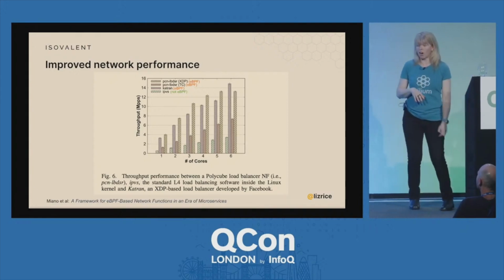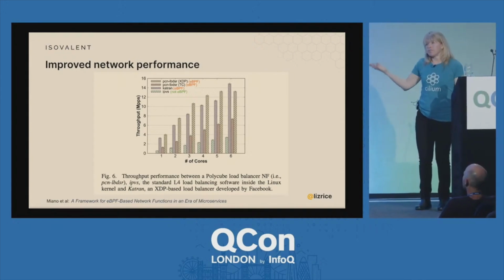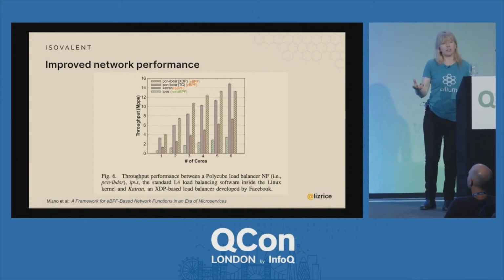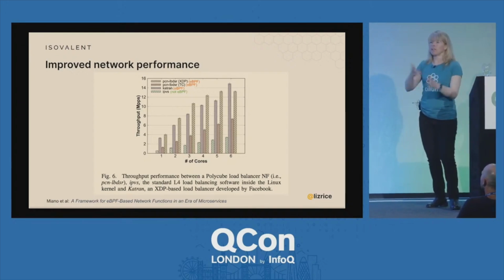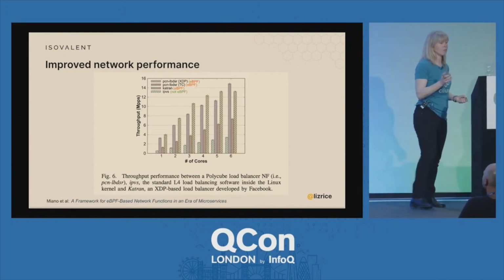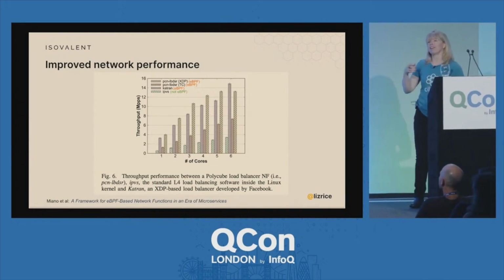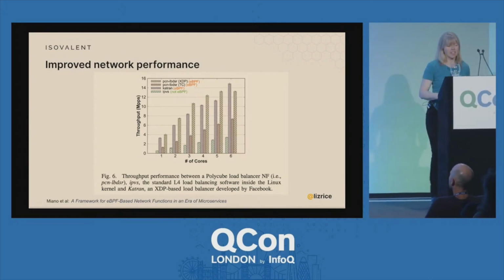It was Facebook at the time. Interestingly, Facebook, Meta, have been using eBPF to handle every single network packet, whether you've been using Instagram or WhatsApp or Facebook itself. Every single packet has been processed by eBPF since, I think, 2017. So, fun fact.